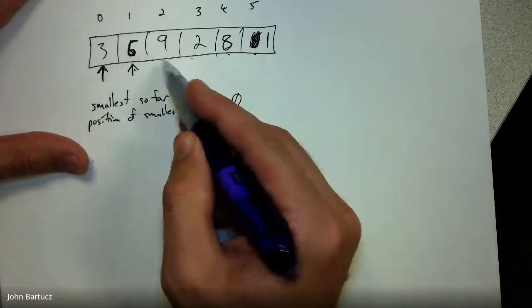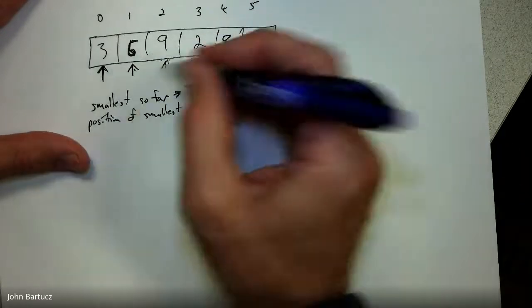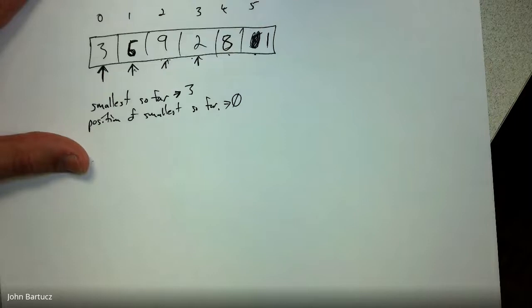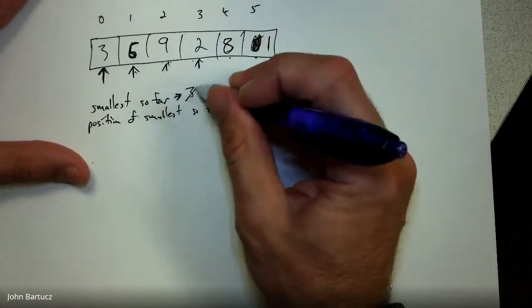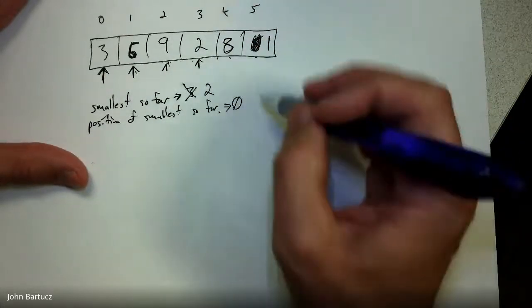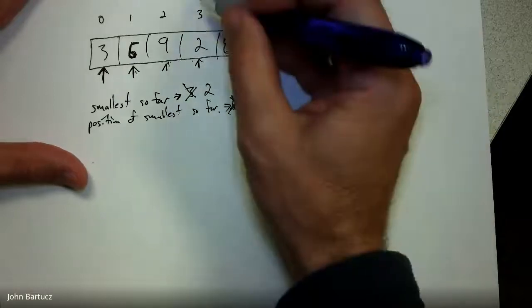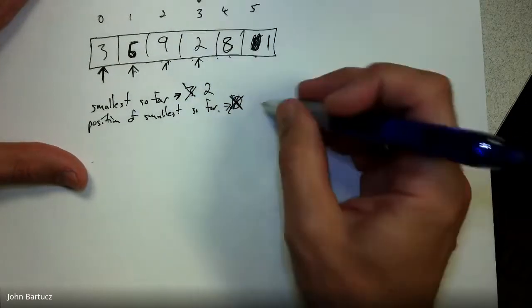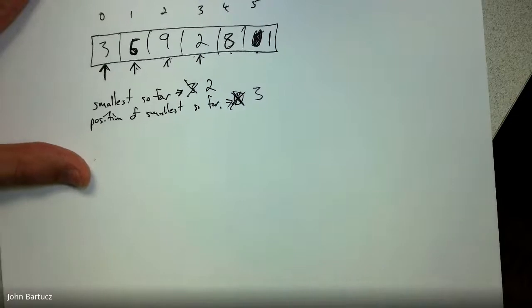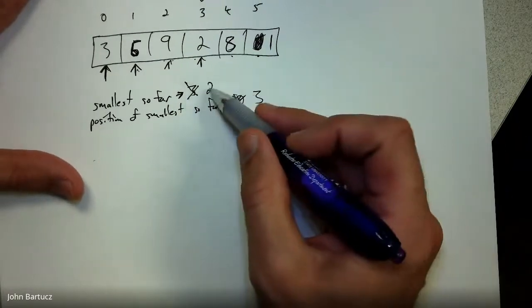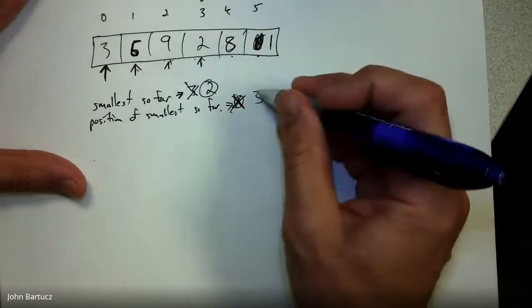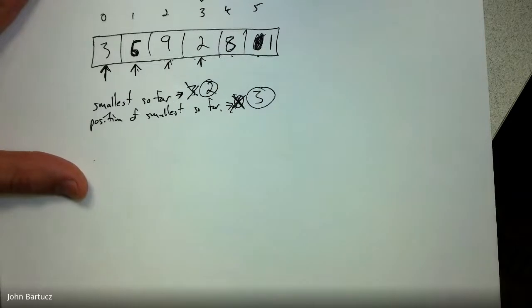We look at 9, not smaller. We look at 2. Oh, look, that's the smallest so far. So we change that to a 2, and we change this to position 3. So the smallest number we've seen so far is the number 2, and it's located at position 3.